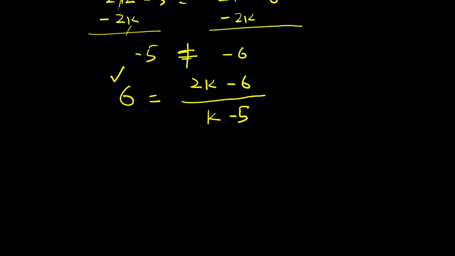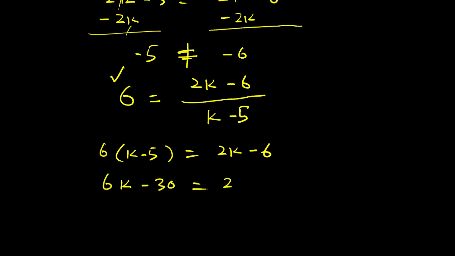Now multiplying both sides by k minus 5, 6 times k minus 5 is equal to 2k minus 6. It is 6k minus 30 is equal to 2k minus 6. So subtracting 2k on both sides, it will be 4k, and here will be minus 6 plus 30, 30 minus 6, it is 24, and here is 4k.